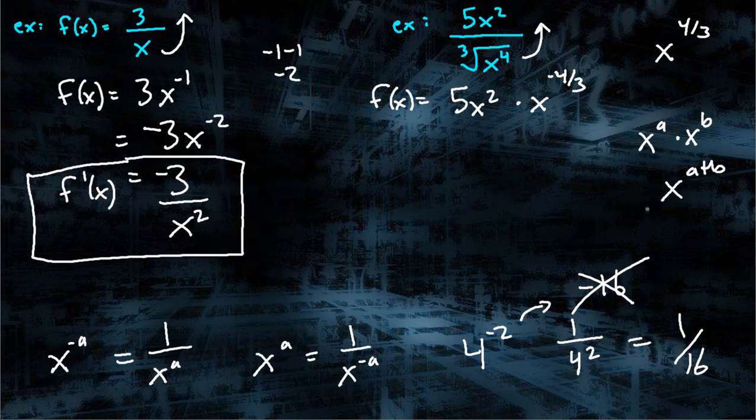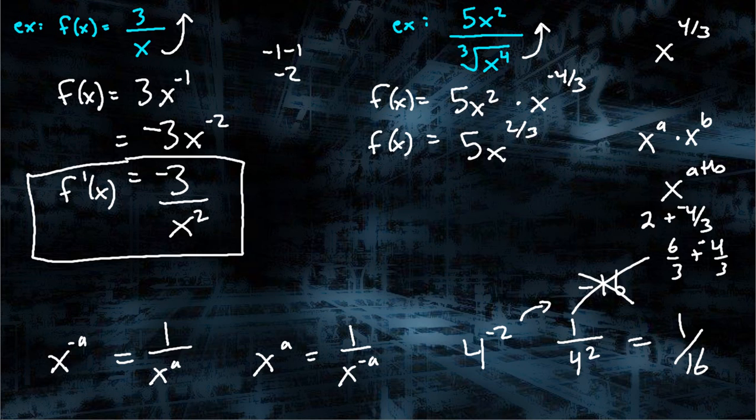So I need to do 2 plus negative 4/3. So I'm going to change this to a fraction with a common denominator of 3. So it's 6. And this was a negative 4/3. So I get 2/3 when I combine those. So this equals 5x to the 2/3.